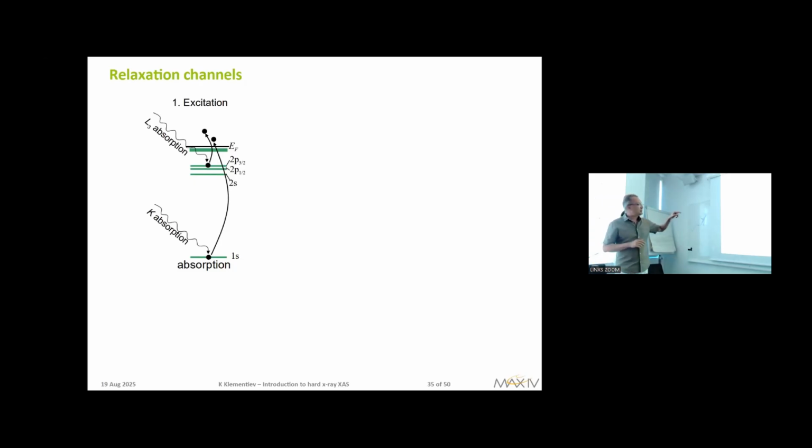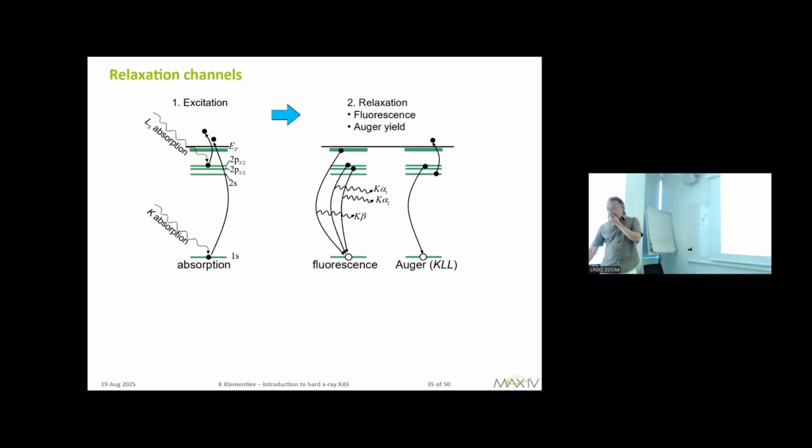So if we excite an electron from a deep level, from 1s to continuum, or from another level, P to continuum, then a hole is left, and this hole is then refilled by other electrons. And while refilling the hole, according to the transition rules, two things can happen.